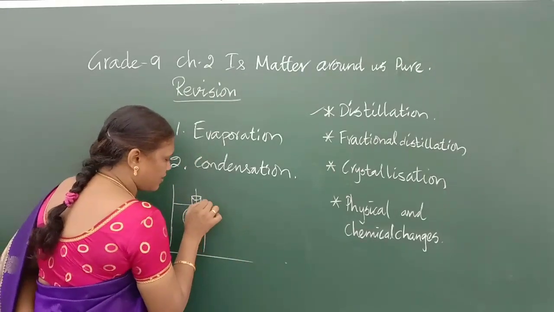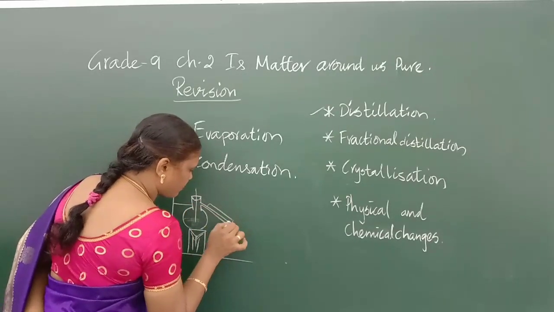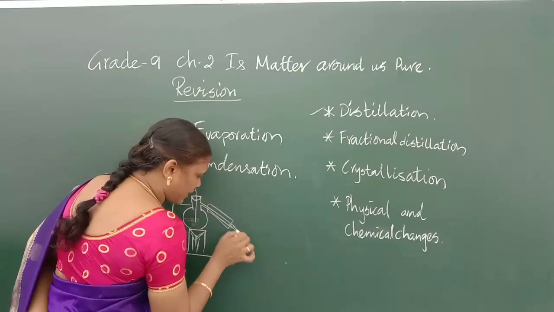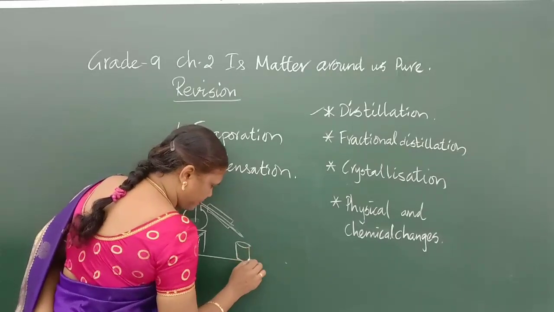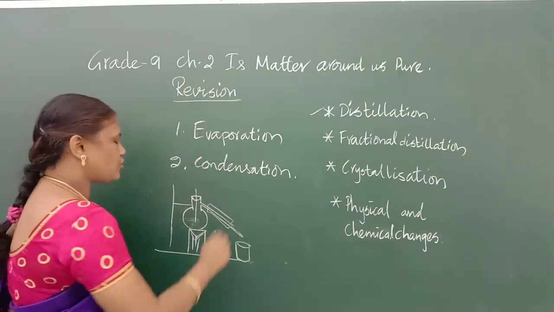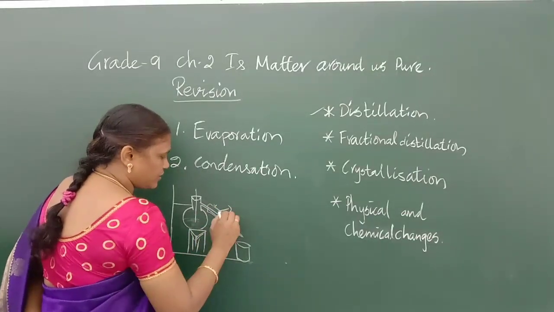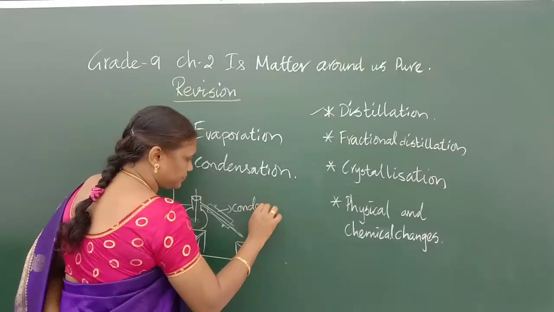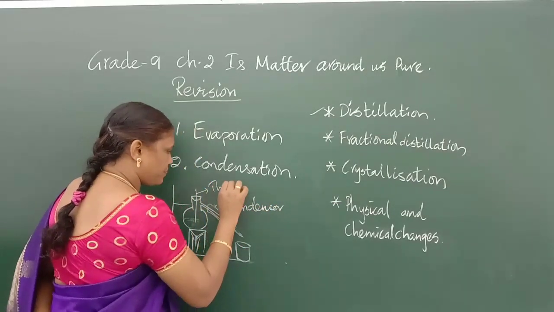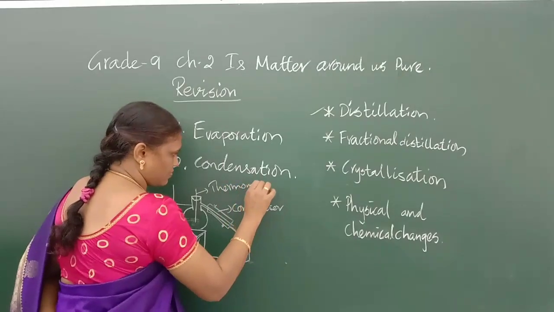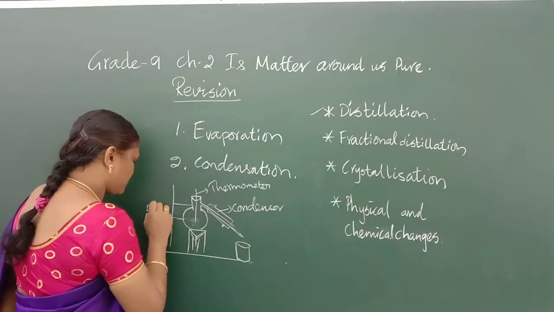It should be fixed, and you have a condenser, and you will be getting the liquid here. We can obtain it in a beaker. So label this: condenser, inlet of water, outlet of water, thermometer, distillating flask.